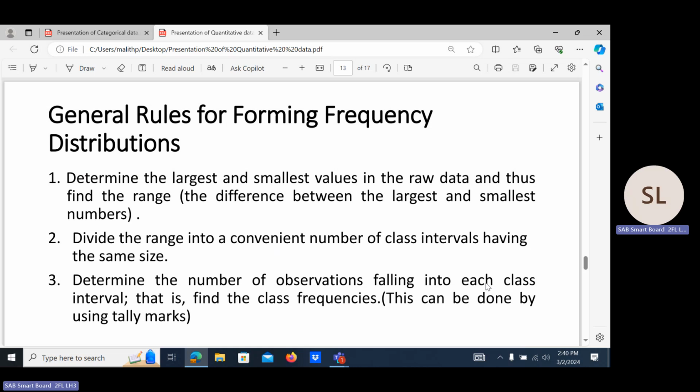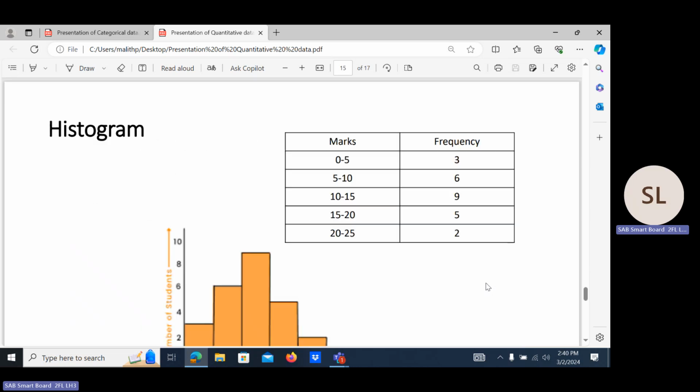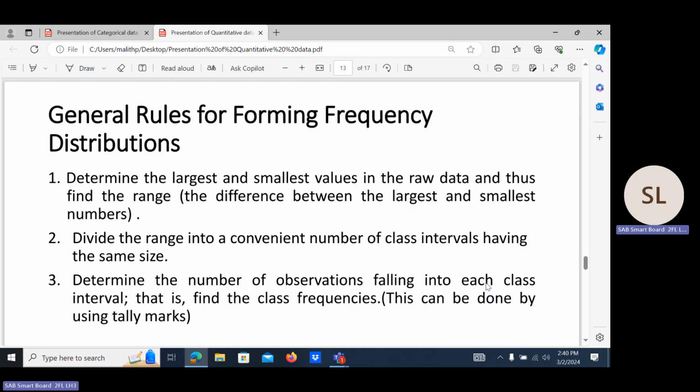Firstly, we identify the highest and the lowest value. According to that, you can calculate the range. Then you identify how many class intervals we need. Then we calculate the size of the class interval. Based on the size of the class interval, we can write each class interval. Starting from which number? 30.